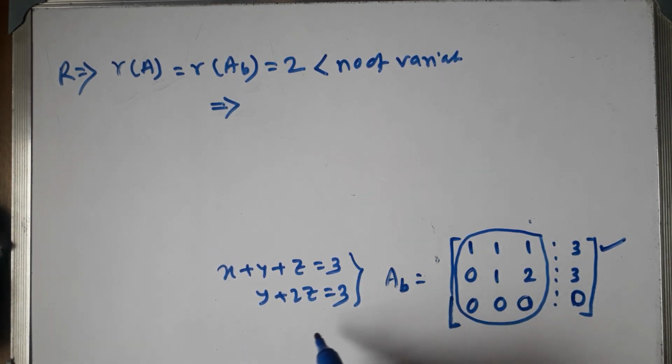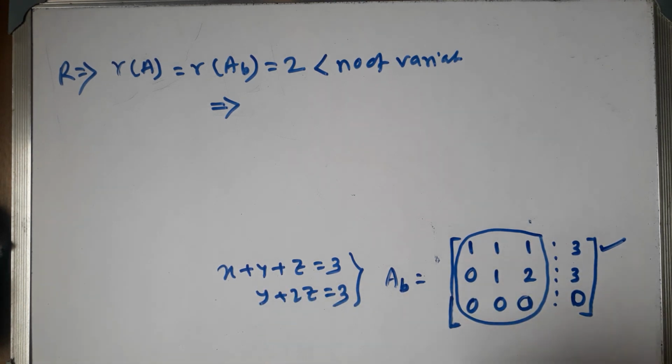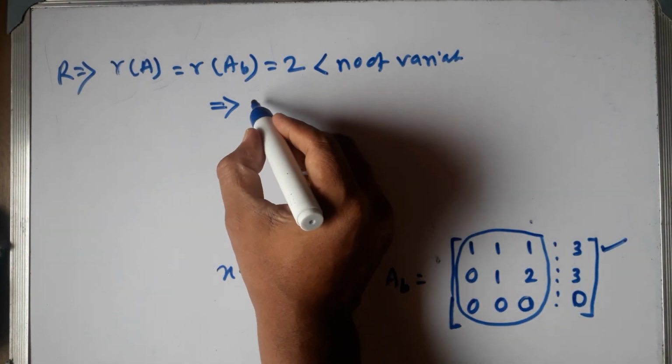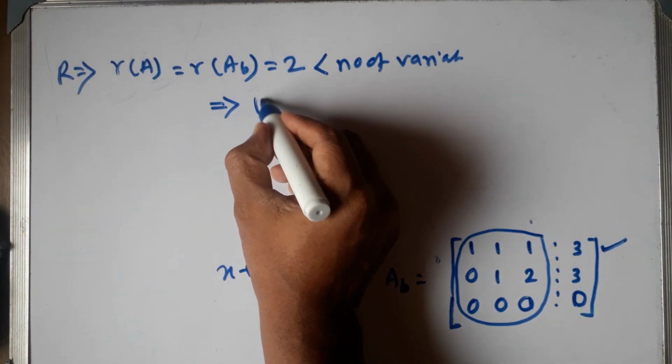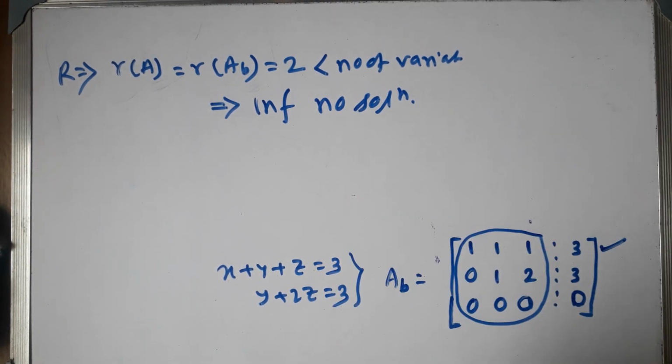The number of variables is 3 but the number of equations is 2. That means the system will have an infinite number of solutions.